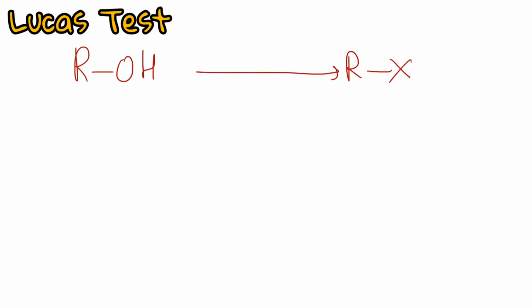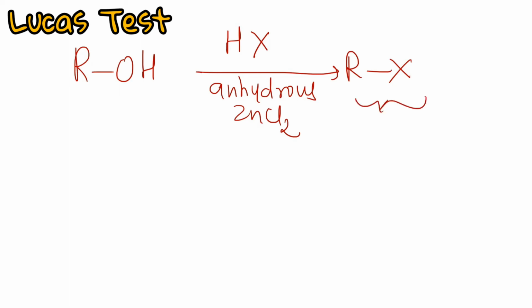Just now we have seen the conversion of alcohol to alkyl halide with HX in presence of anhydrous zinc chloride. If it is a primary or secondary alcohol, then this catalyst is required. Now the alkyl halide which is formed here gives a turbid solution.